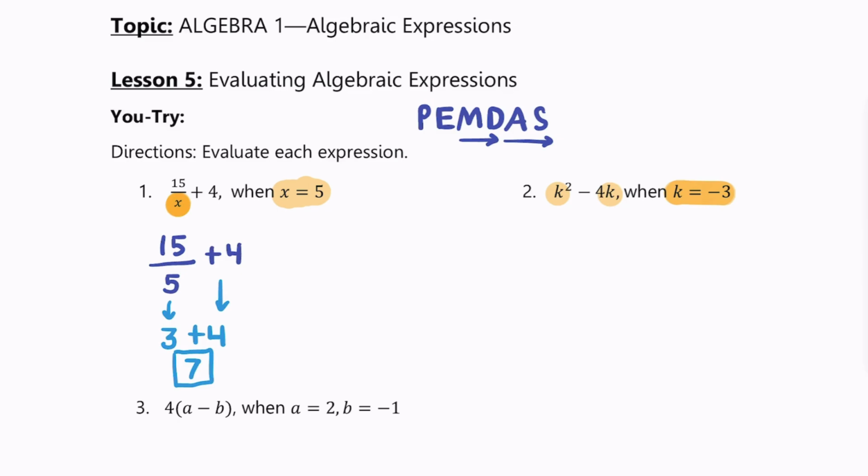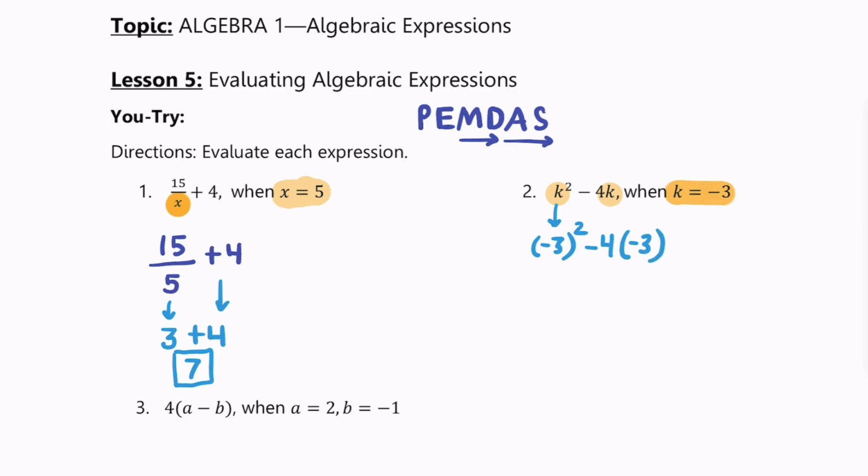In this case, we have to substitute it in 2 different spots, but we're still using negative 3 for both of them because the variable is k for both of those places. So we're going to take out that k and substitute in negative 3, square it, minus 4 times negative 3.